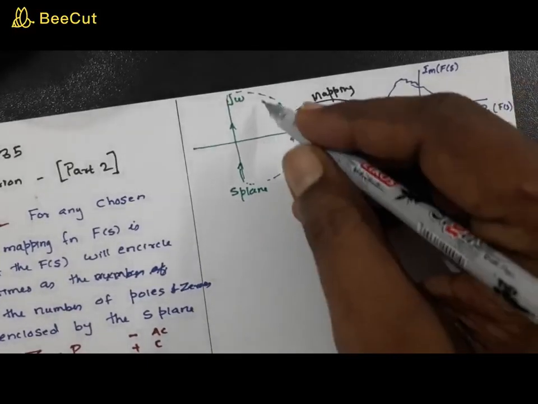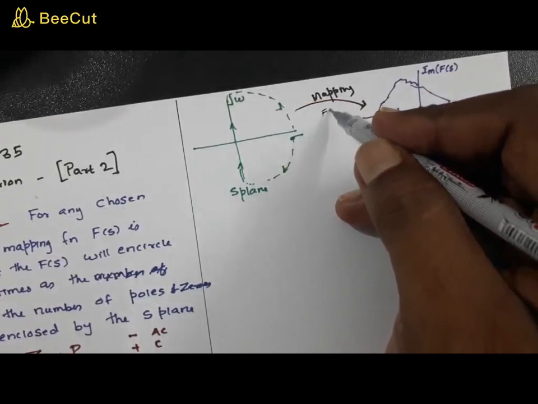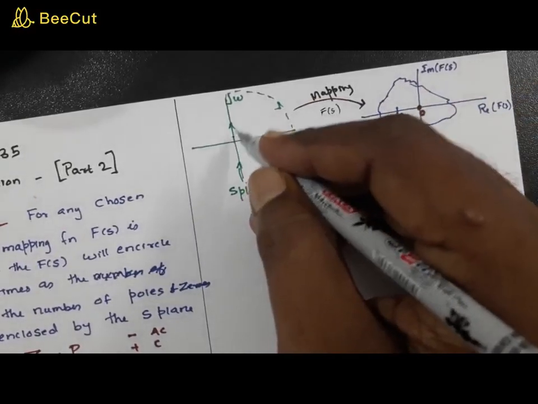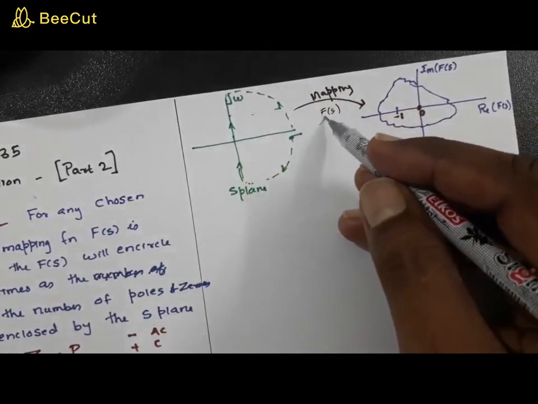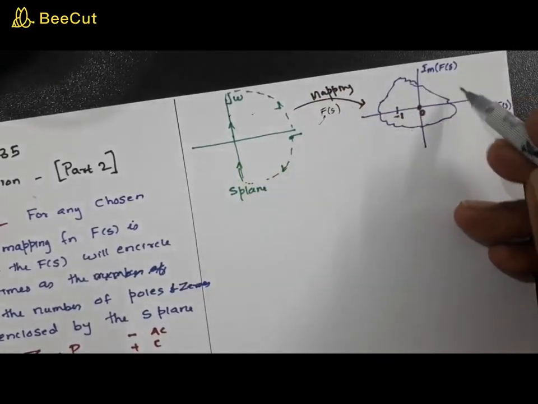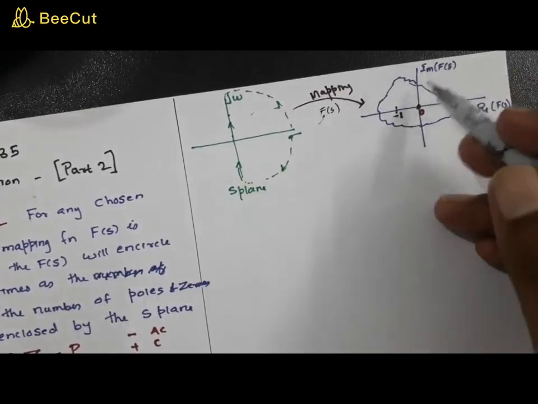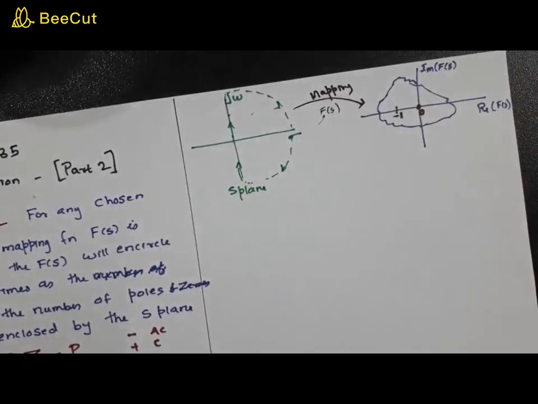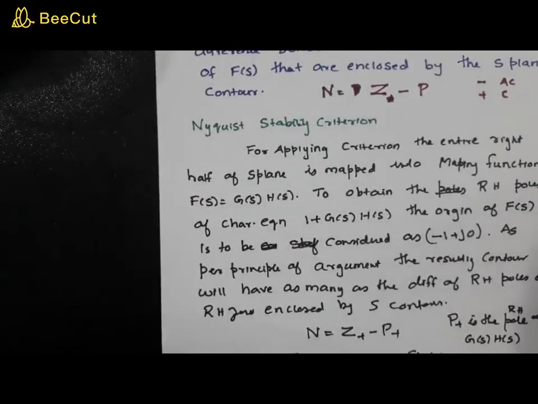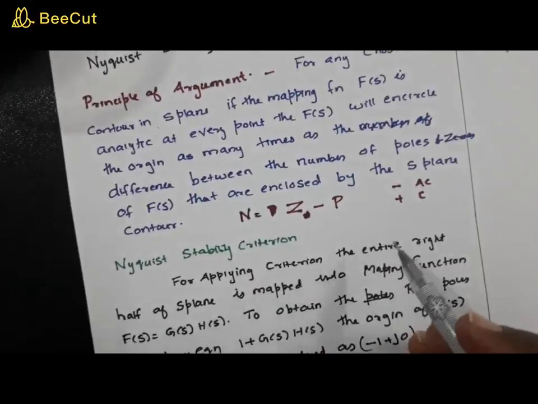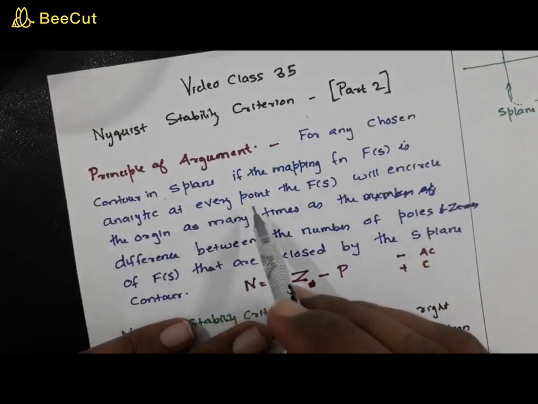How will you map? By substituting all the values into this f of s, you will get a different picture. When you plot this f of s, you get a different picture. This is how mapping is done.